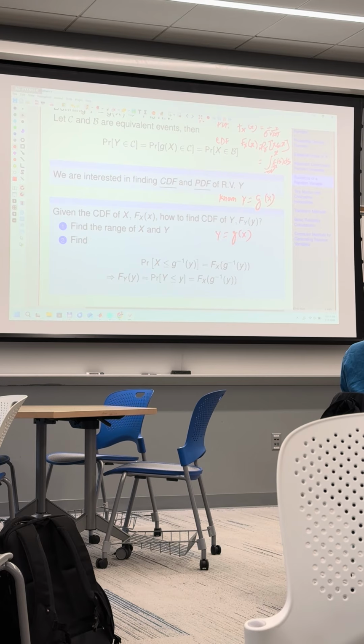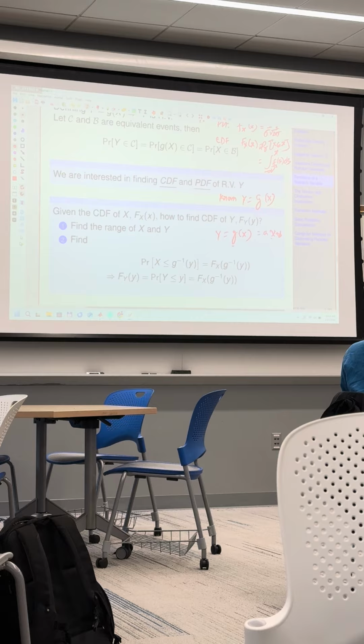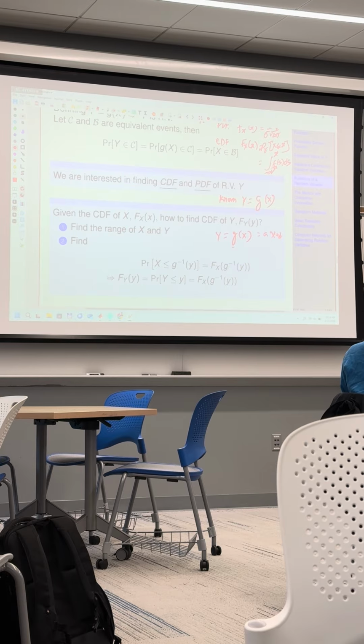X is a random variable, but the function itself is deterministic. It is not random. For example, in the next example, you will see ax plus b. This configuration is fixed, not random. In some cases the function itself could be random, which is more complex. But here, the function itself is deterministic. Only the variable is random.